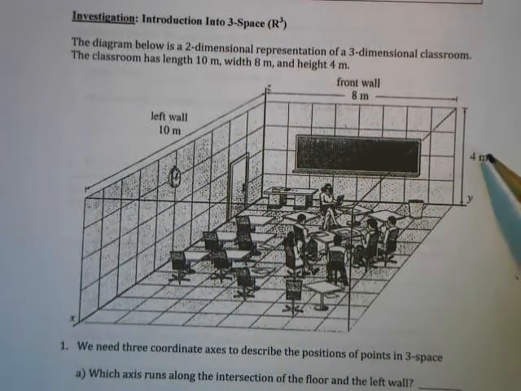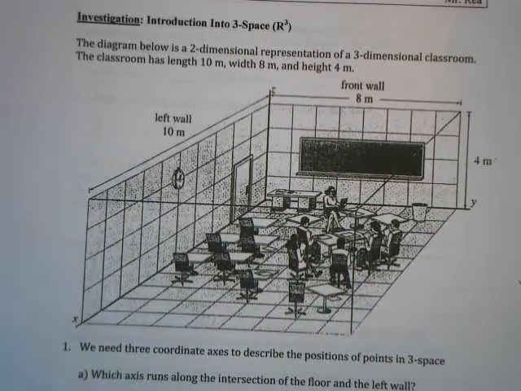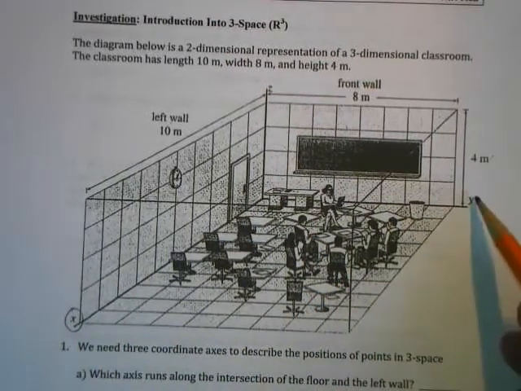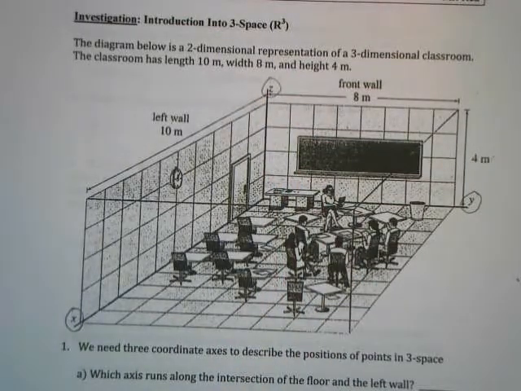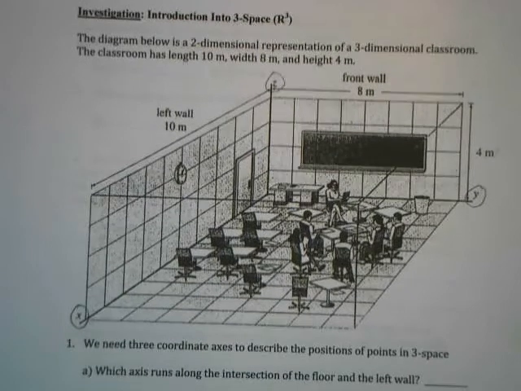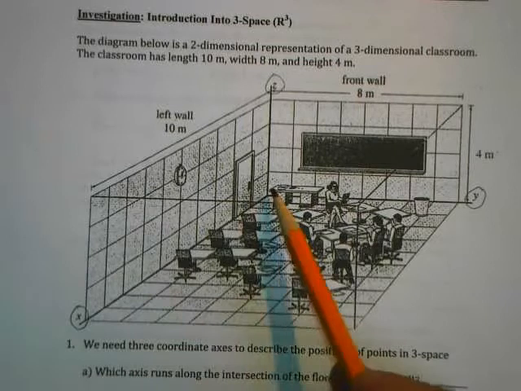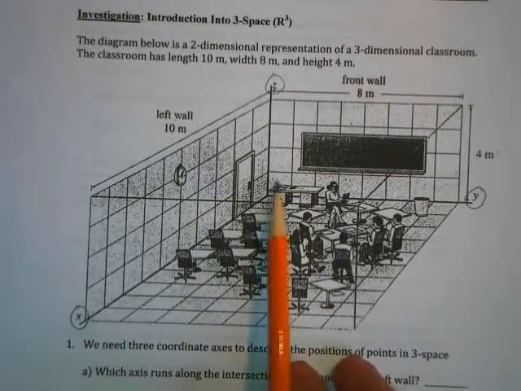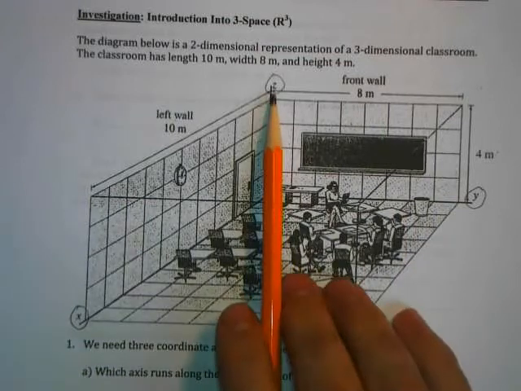So, in terms of how we're representing, you can see I've labeled the x-axis, the y-axis, and the z-axis, and these correspond to the way we would do it on a graph in R3. So the z-axis is kind of coming out of the paper, the positive y-axis going to the right, the positive z-axis going up.